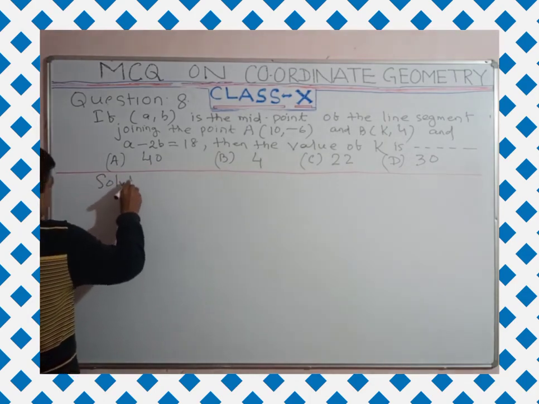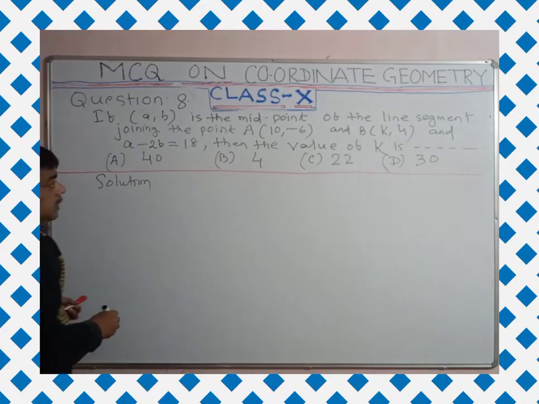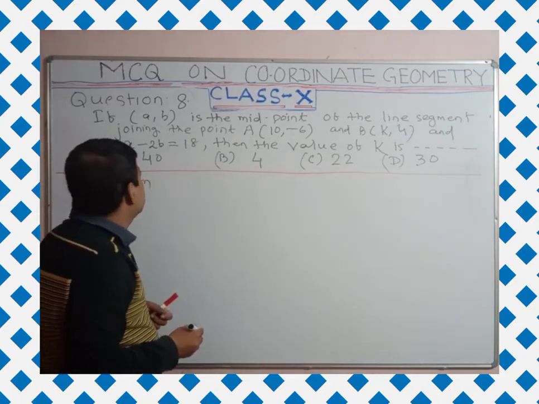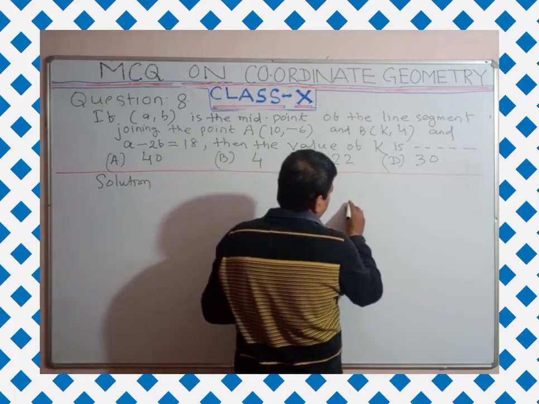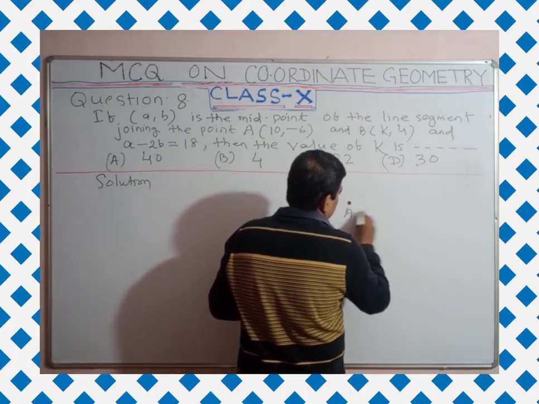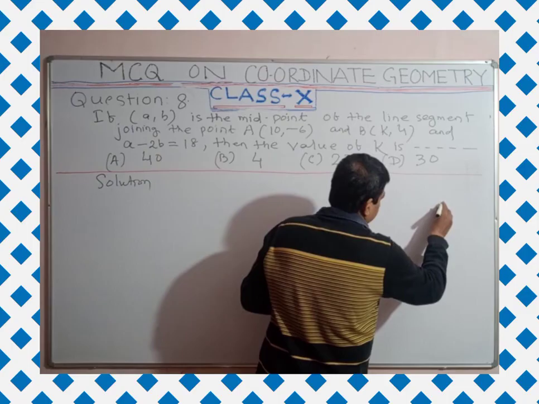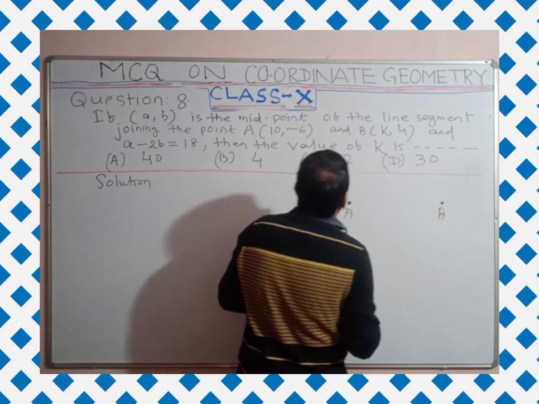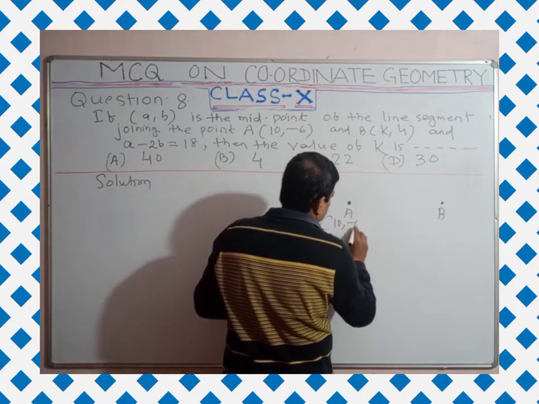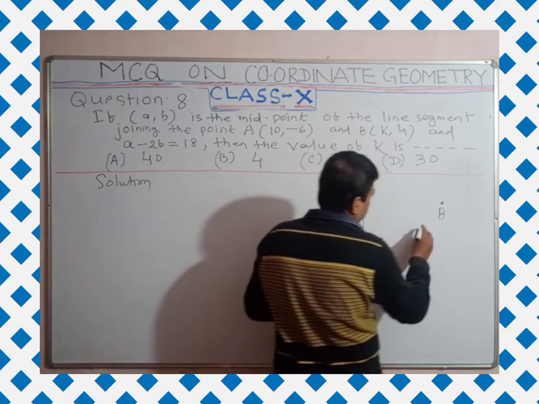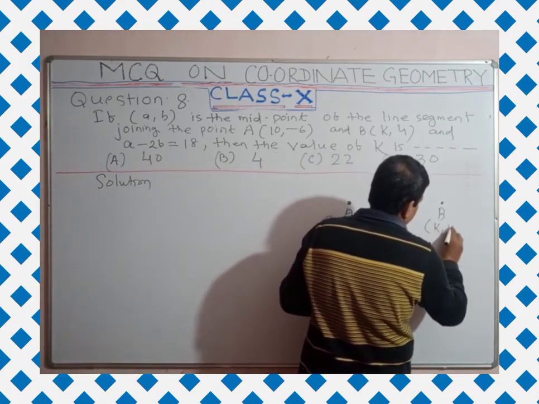It is given that (a, b) is the midpoint of the line segment joining the points A and B. Here A is a point and B is a point. The coordinate of A is (10, -6), yes or no? And the coordinate of B is (k, 4).